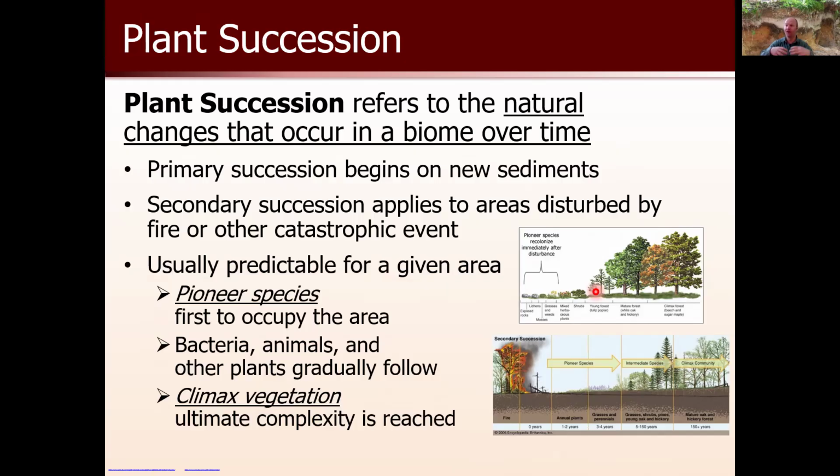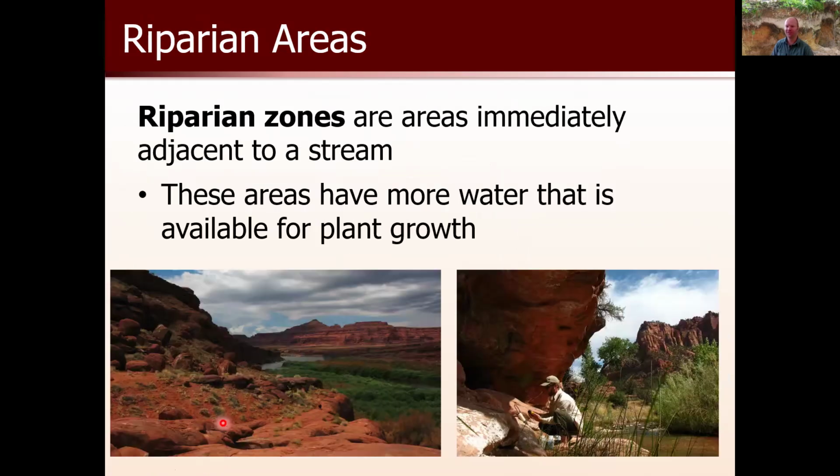The soil is stabilized, it's not as dramatically hot and cold, and it's a little less windy, providing a more structured habitat. Eventually over time, you have this known sequence from primary to secondary, and ultimately a climax community for any given region. For us here in the Upper Great Lakes, that is a mixed deciduous forest dominated by maple species as well as white pine. So you have this known sequence of plant succession.